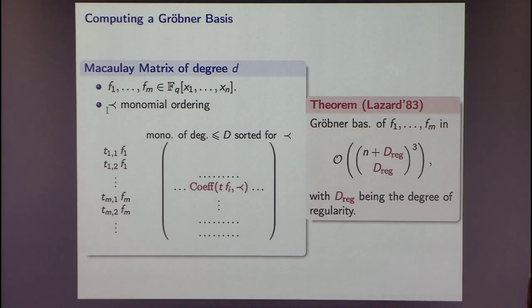In general, it's difficult to know what the degree of regularity is. To compute the degree of regularity for a given system, the solution is to compute the Gröbner basis in general.